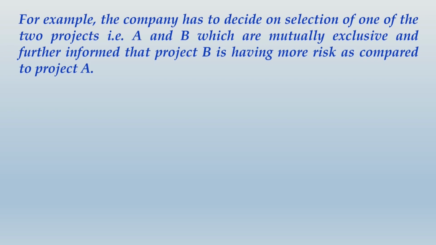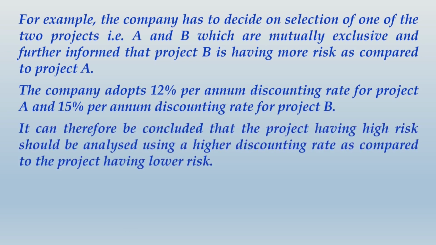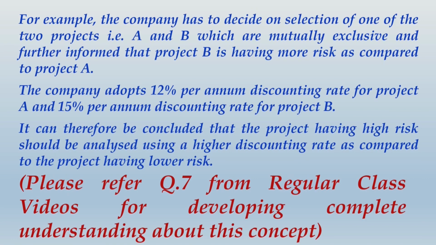So if A and B are mutually exclusive, and further informed that project B has more risk as compared to project A, the company adopts a 12% per annum discounting rate for project A and 15% per annum discounting rate for project B. It can therefore be concluded that the project having higher risk should be analyzed using a higher discounting rate as compared to the project having lower risk. Now, for understanding this concept, please refer to question number 7 from regular class videos.